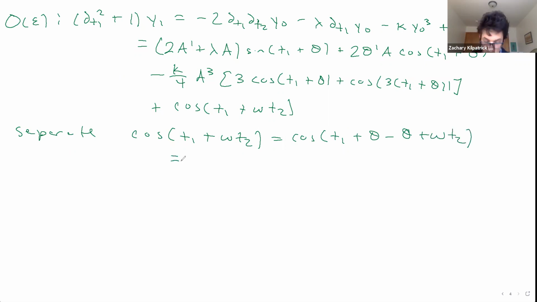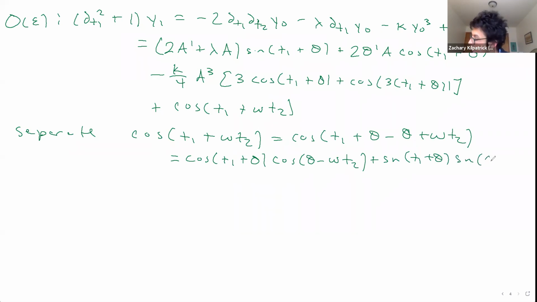Using a trig identity, this is equal to cosine t1 plus theta times cosine of theta minus omega t2, plus sine of t1 plus theta times sine of theta minus omega t2.